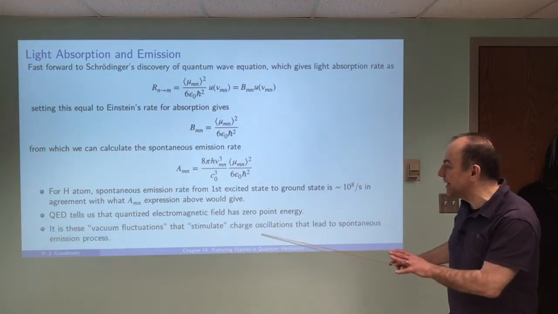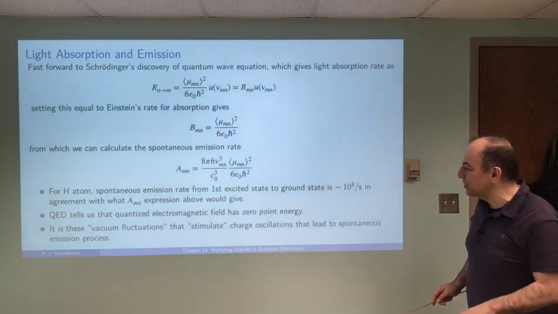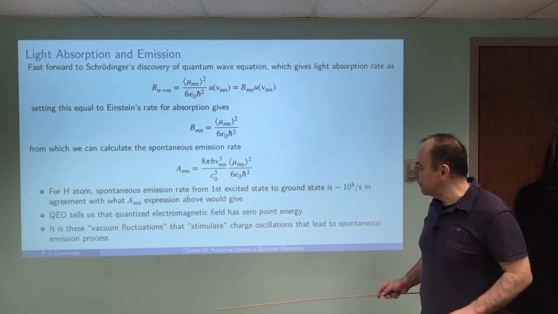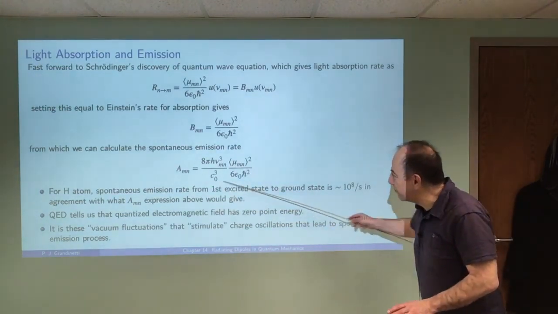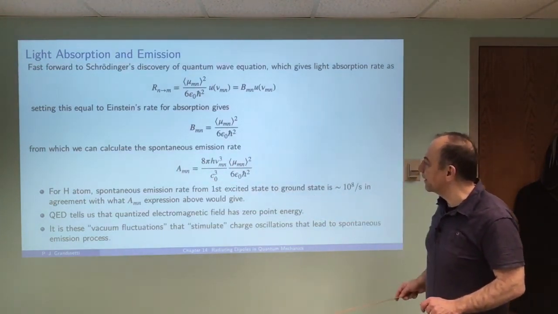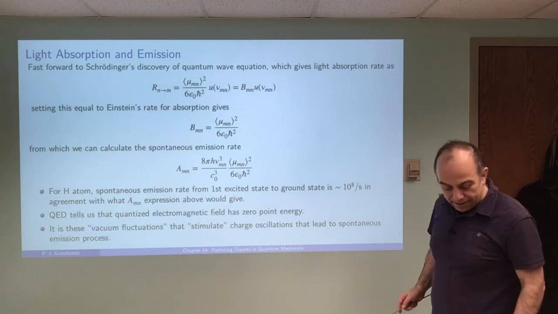So we'll leave it like that. These are what we call vacuum fluctuations, and they can stimulate this type of emission, the spontaneous emission. But it doesn't really matter for us because we now have an expression in terms of the stimulated absorption and emission.